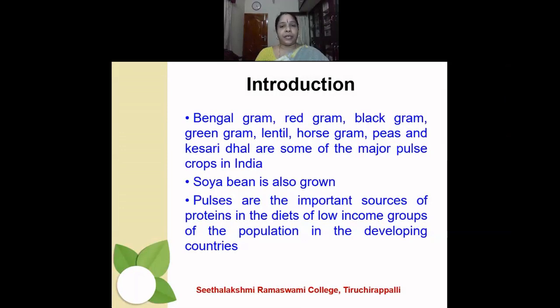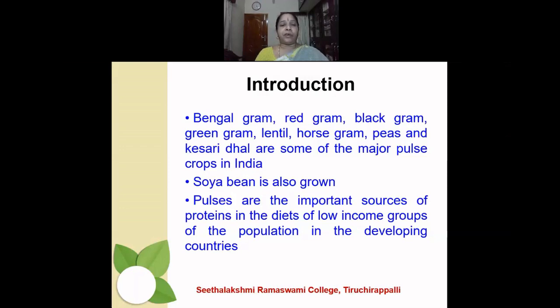Red gram is tuvarambaruppu. Black gram is ulundu. Green gram, pacha pairu. Lentils or the various beans, mochai. Horse gram is kollu. Peas, patani. And kesari dal is kesari paruppu only.